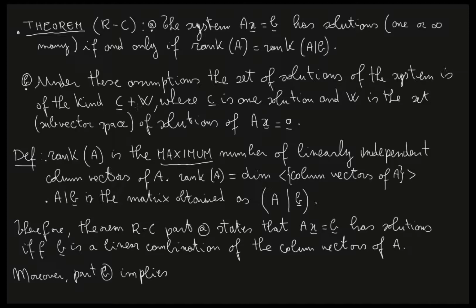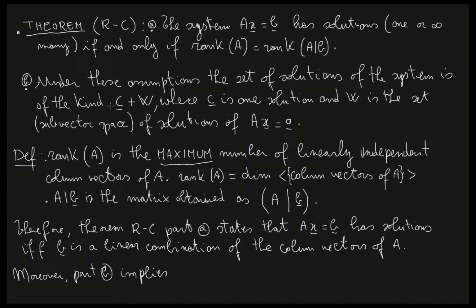And part B states that if the system has solutions, this set of solutions is of this form: C plus W, where C is some vector, in particular one solution of the system of linear equations, and W is a subvector space.